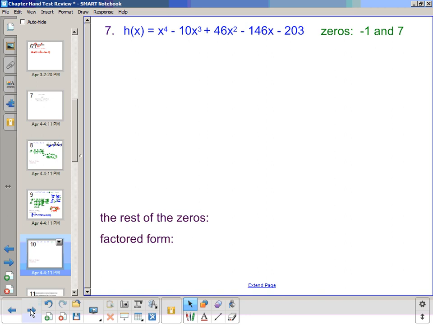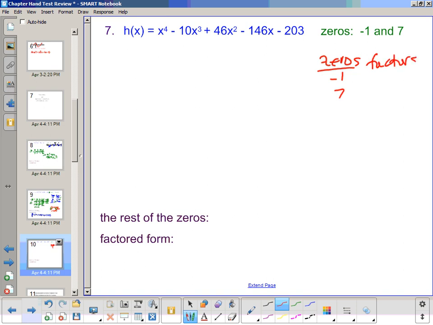Okay, the next one here is we've got zeros of -1 and 7. So we have factors of x plus 1 and x minus 7. And let's take our fourth degree polynomial function, and let's first divide it by x plus 1.